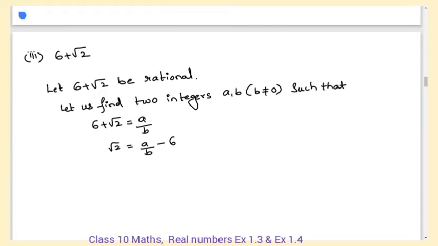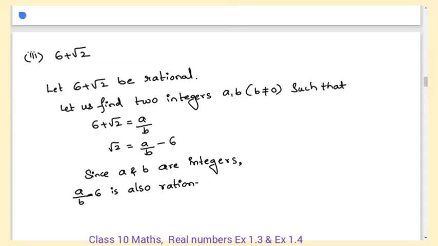Now root 2 will become a by b minus 6. Since a and b are integers, a by b minus 6 also becomes rational. Hence, root 2 should be rational.